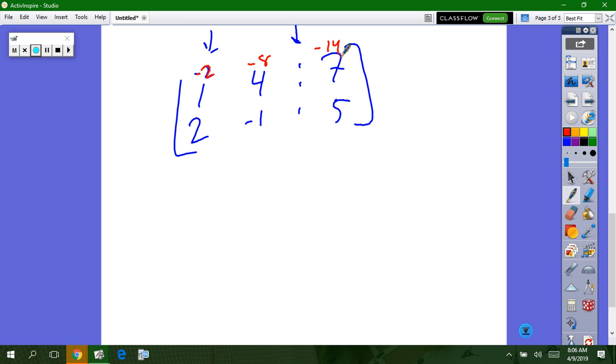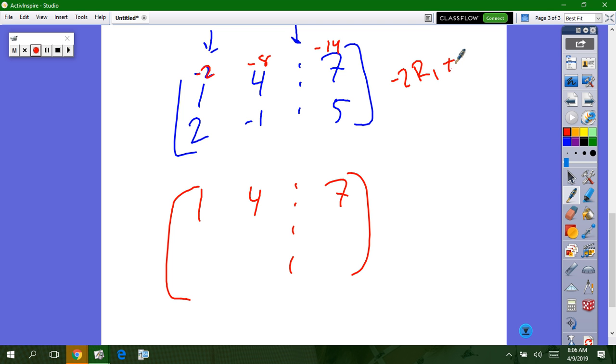I'm just going to keep row 1 as it is, 1, 4, 7. But to get to here, what I did is -2 times row 1 plus row 2. Does everybody see what I did there? I multiplied row 1 by -2 and added it to row 2.